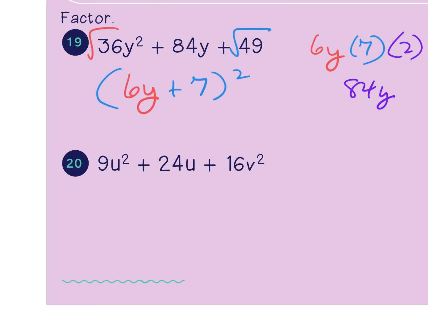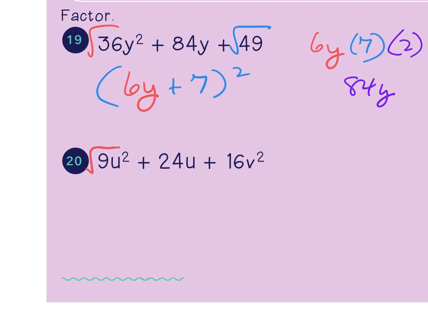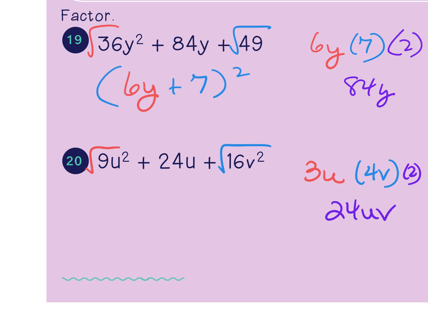And then the last one, square root gives you 3u. Square root gives you 4v. Double it, gives you 24uv, which is the middle. This is missing a v. Put a v here.